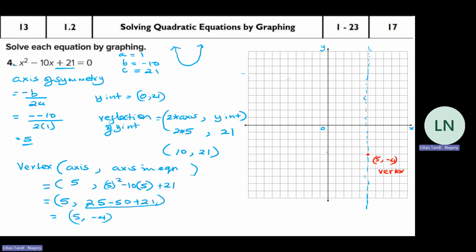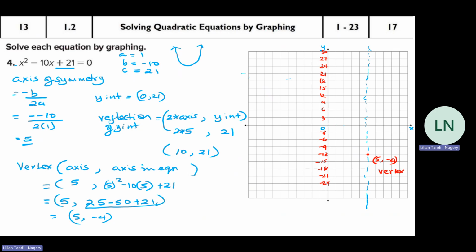Okay, all right, so because I have 21, I cannot go by ones, so I'm going to go by threes. 3, 6, 9, 12, 15, 18, 21, 24, 27, 30. -3, -6, -9, -12, -15, -18, -21, -24, and so on.